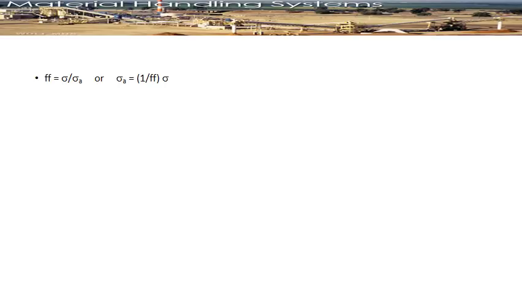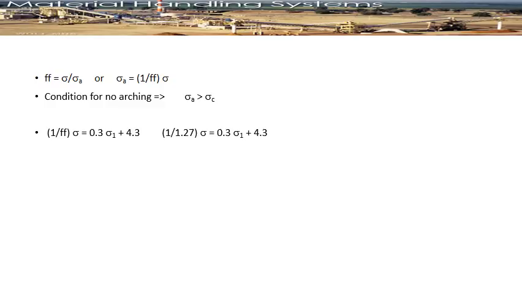Now, we have to find the value for the diameter, B. So we start with the flow factor FF equal to sigma divided by sigma A. Then we find that sigma A is equal to sigma divided by the flow factor. The condition for no arching for the hopper is that sigma A should be more than sigma critical.